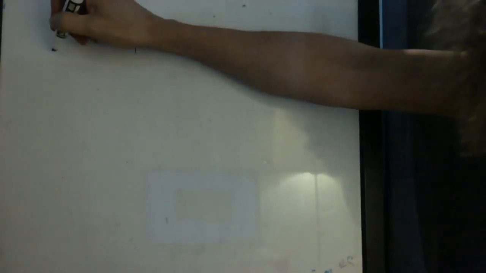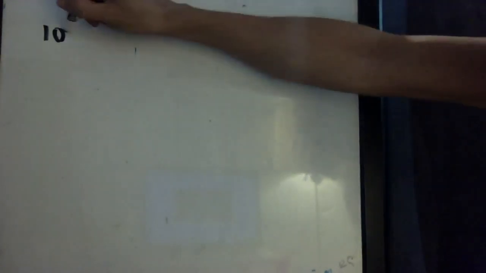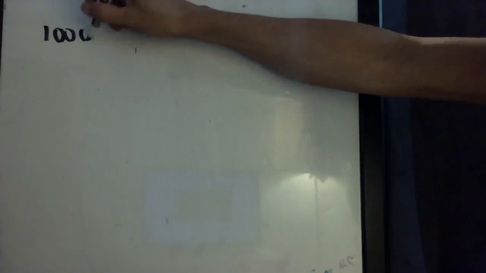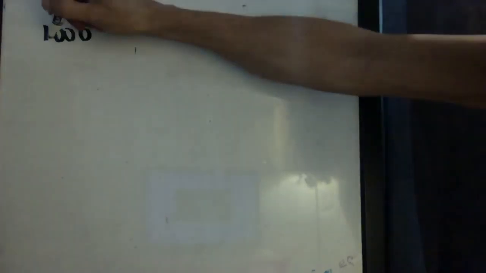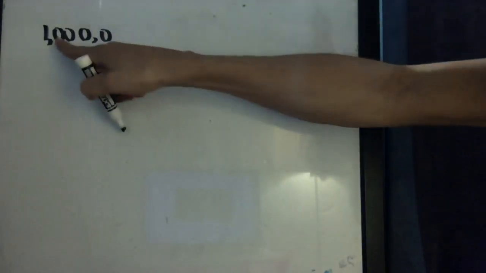I'm going to start way over here. Can you still see it? Yes. 1. That's 10 to the 0. 10. 100. 1,000. Now I'm going to do it this way. 10,000. But see, the comma should be right there.